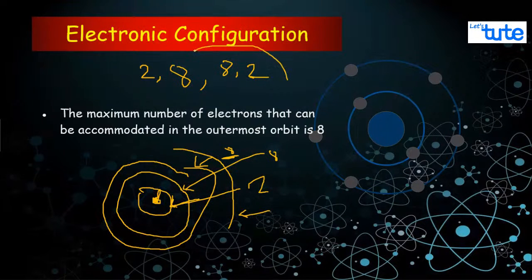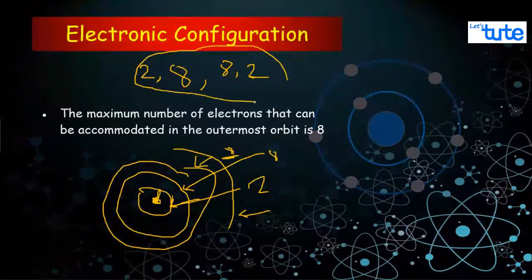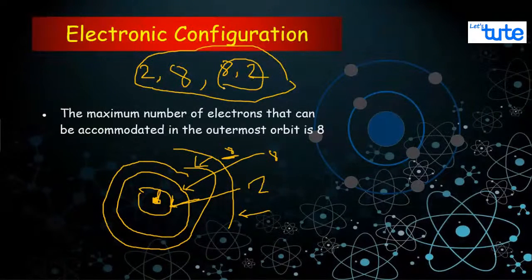This is the configuration which we are supposed to follow. This can change according to your atomic number. But teachers or anyone else won't ask you electronic configuration for more than 20 elements.